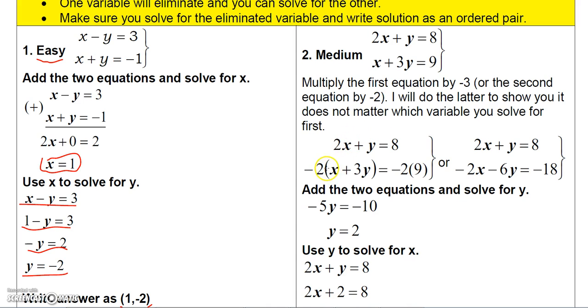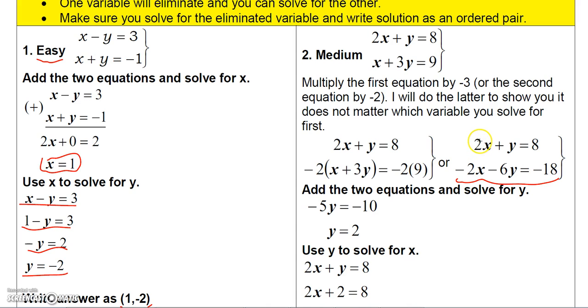So if I multiply the second equation by negative 2, that's going to give me negative 2x here, negative 2 times 3y is negative 6y, and then negative 2 times 9 is negative 18. Remember, you've got to multiply all three terms by negative 2. Now here's the first equation.